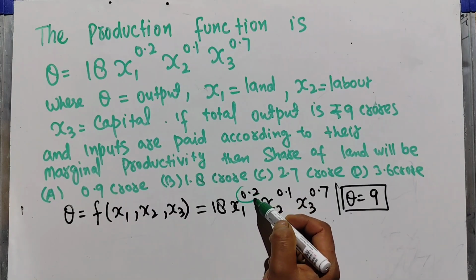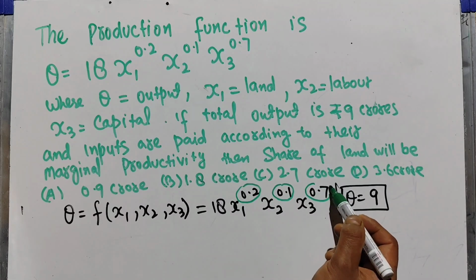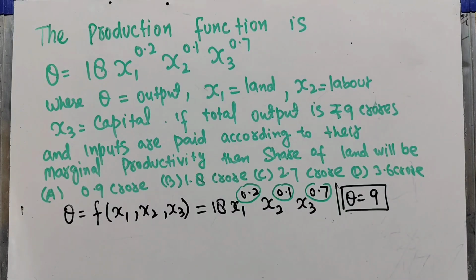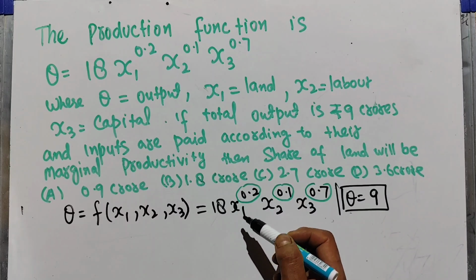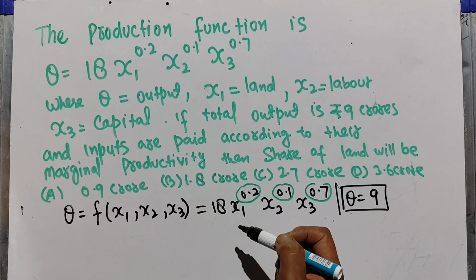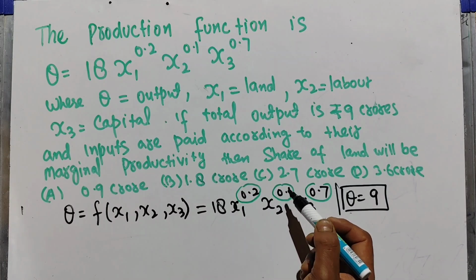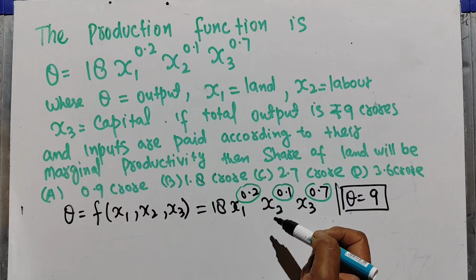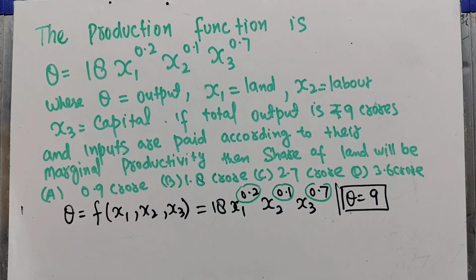Here these exponents of x1, x2 and x3 actually show us the output elasticities. If the exponent of x1 is 0.2, it shows us the output elasticity of input x1, and similarly x2's exponent shows us the output elasticity of input x2, and the same is true for x3.